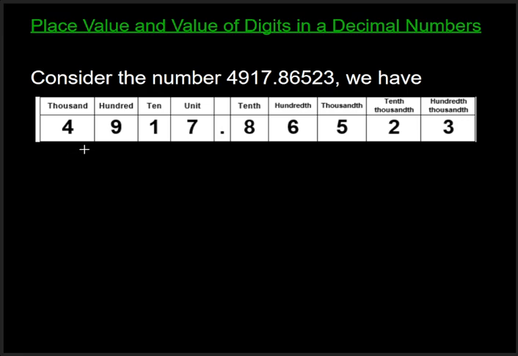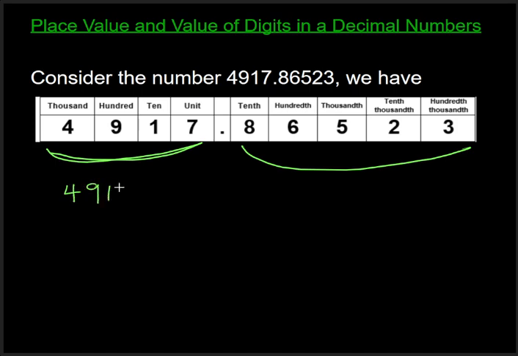Which side is the whole number? The whole of this is our whole number part, and this becomes the fractional part. So what that means is that this number is going to take the place value of whole numbers. So you are now having 4917 for the whole number.